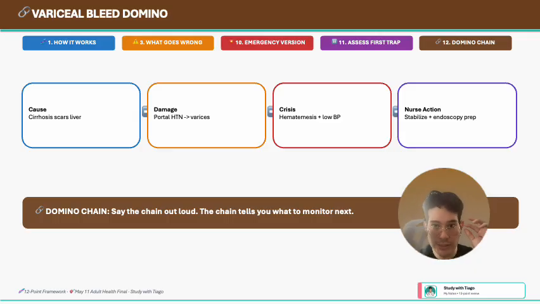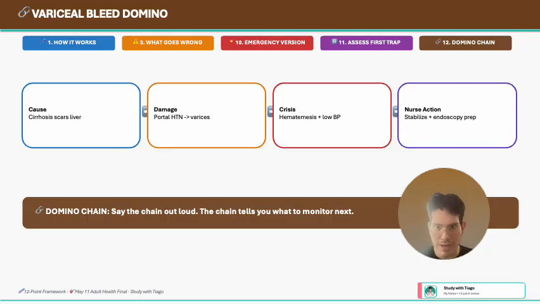Those veins enlarge into varices. If varices rupture, the patient can vomit blood and lose circulating volume quickly. That can lead to hypotension, tachycardia, shock, and death if not treated.